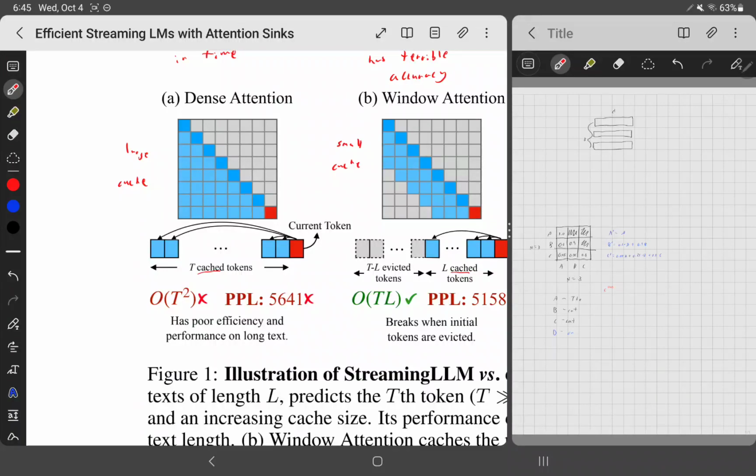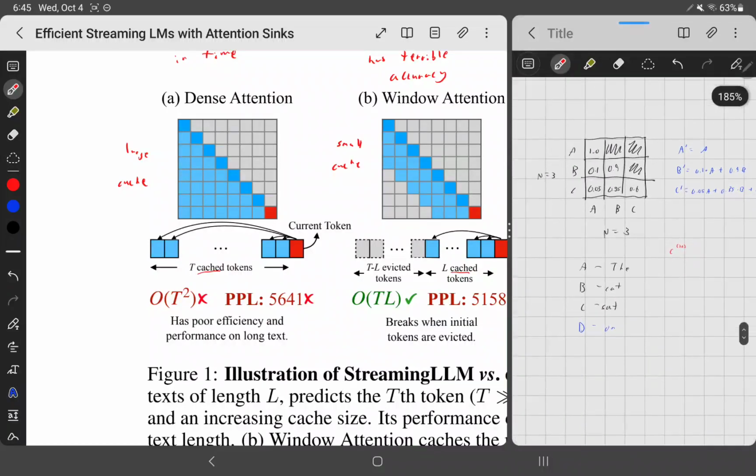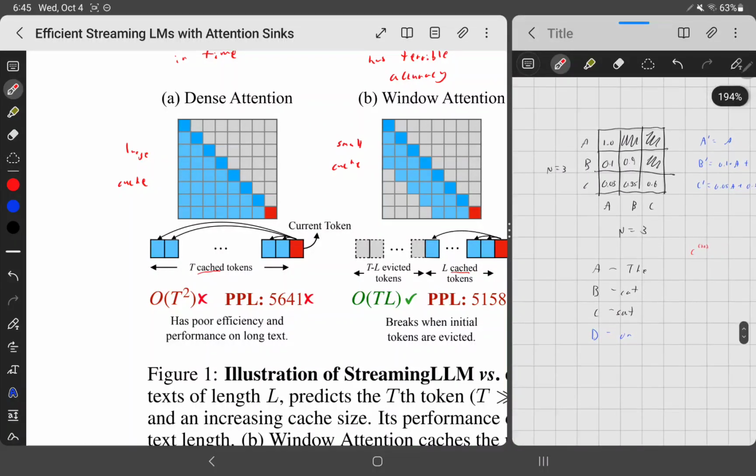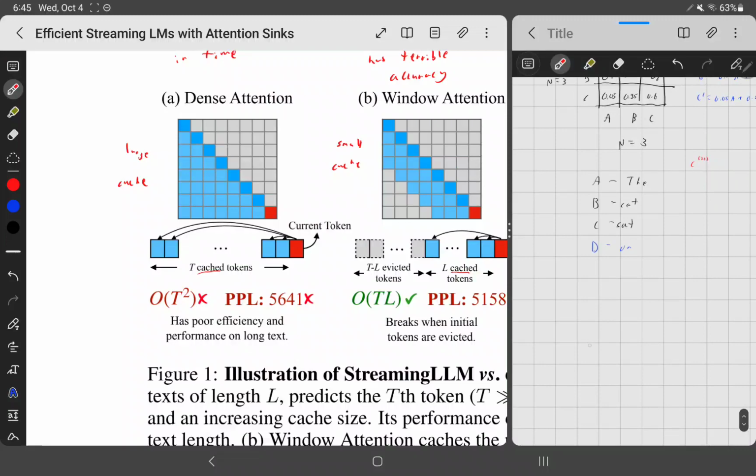Now, what you do in practice is you actually cache the keys, or the keys and the values. If we go back to our example here, you have your sequence A, B, C, and you construct three different versions of this using a weight transformation, using a linear layer. So this would be AK, BK, and CK.